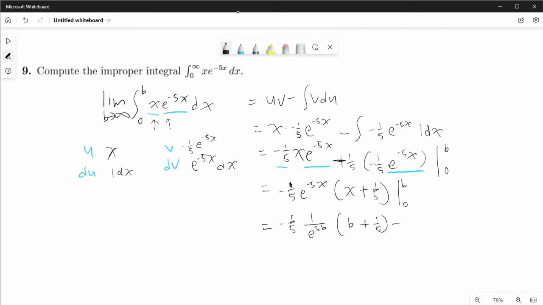All this is minus -1/5 e to the 0, plugging 0 in, and then that would be 0 plus 1/5, which is 1/5.